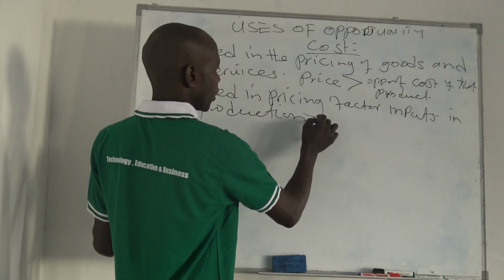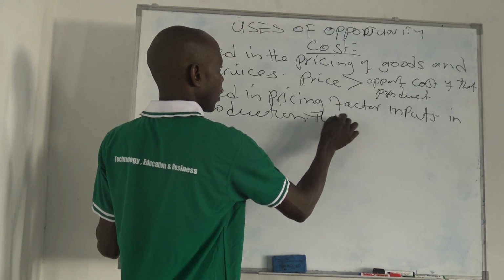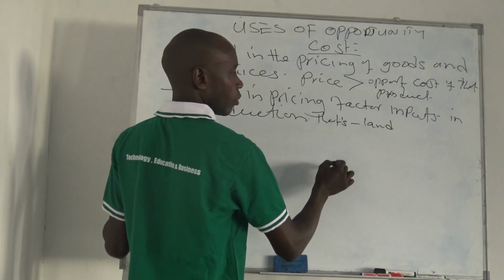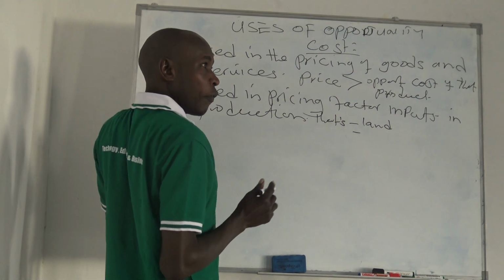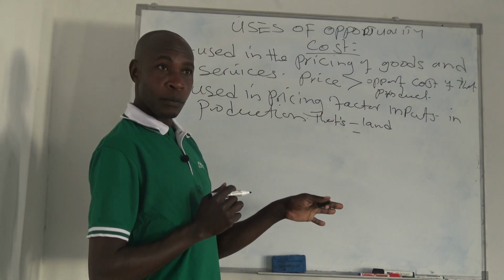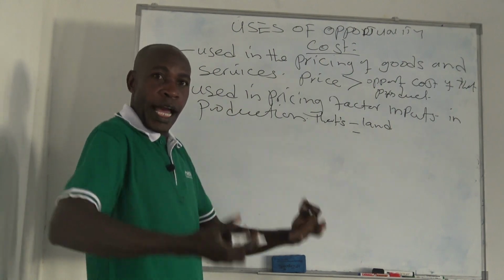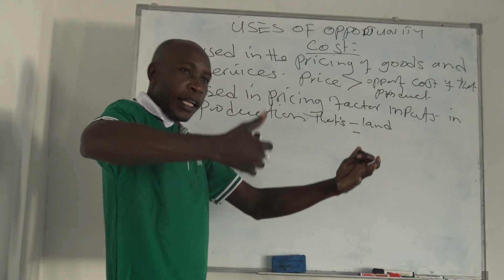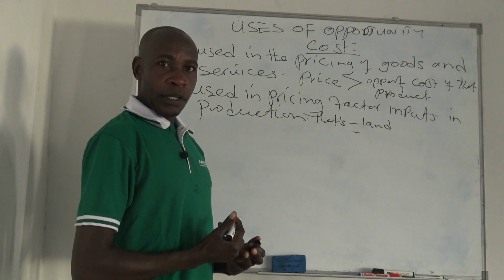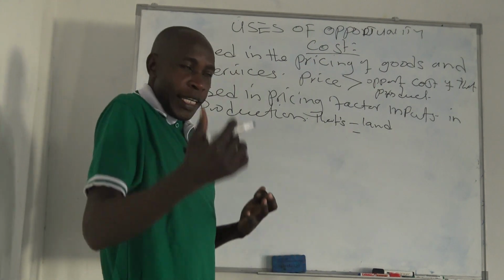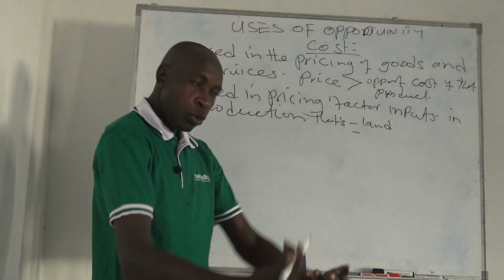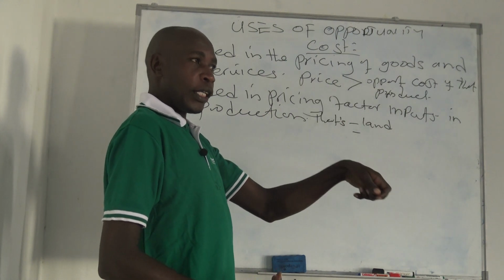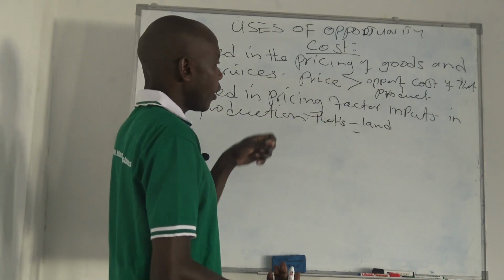Among these factor inputs, for example, that is land. When you are giving a price to a fixed factor like land, you give it a price which is greater than leaving it. Rather than leaving it unutilized, you give it an inducing and enticing price, such that it is utilized for a high level of productivity.